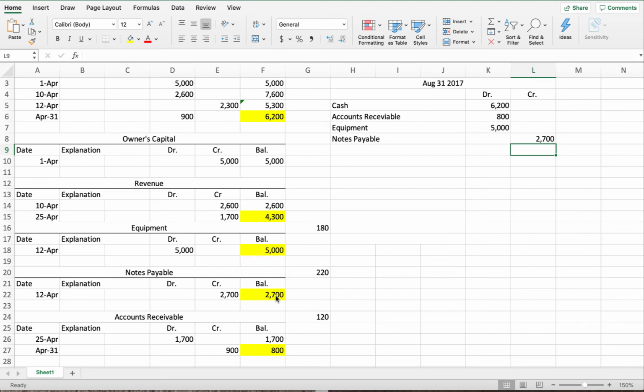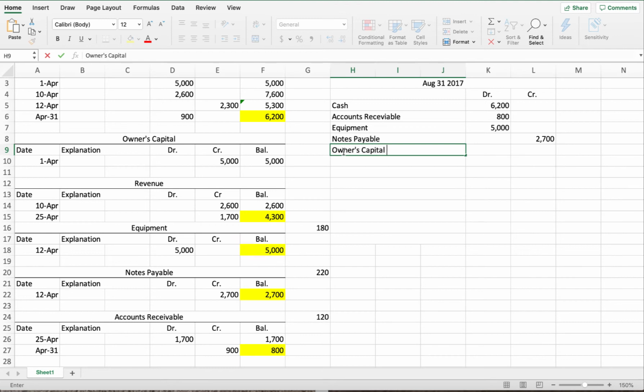The next thing I need to look at is my owner's capital account. We said those are usually 300s. The only owner's capital account I have is the $5,000 account that we hit first.